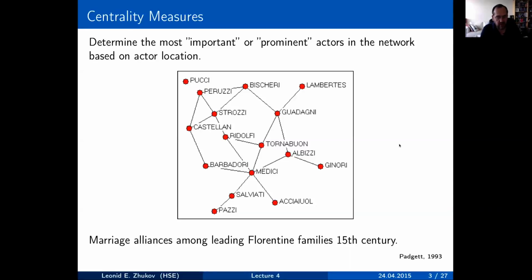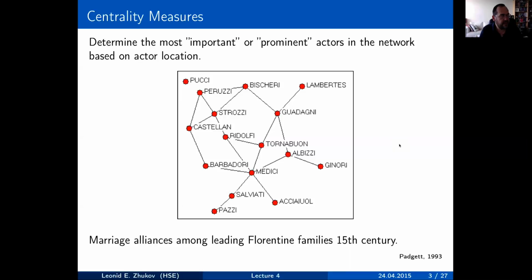So what's the point of centrality measures? Well, the idea is, when you have a network, to be able to determine the most important or prominent nodes, or as sociology says, actors in the network, based on their location within the network. This is a very famous graph of marriage alliances among Florentine families in the 15th century.